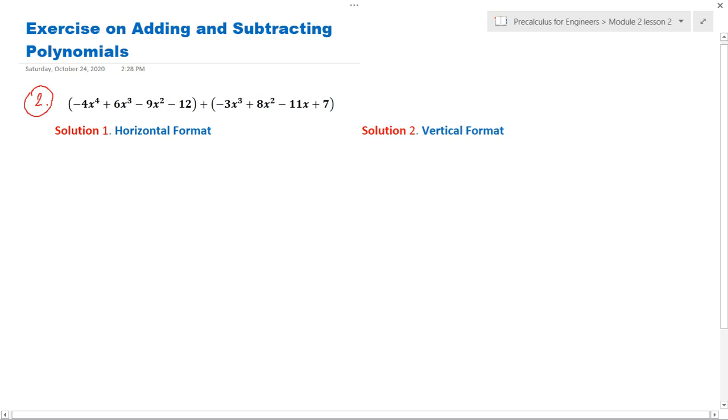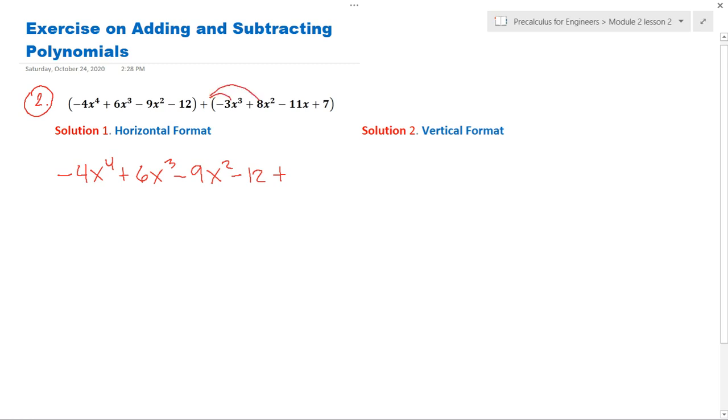So here, the parenthesis will be removed because you can just simply multiply by 1. So just copy the addend, negative 4x to the fourth plus 6x cubed minus 9x squared minus 12. Then for the second, since it is positive, don't worry, any number multiplied by 1, the answer is the number. So just distribute.